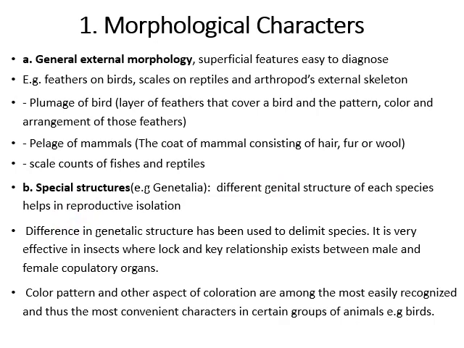If we talk about the difference in genital structure that has been used to delimit species, it is very effective in insects, where a lock and key relationship exists between the male and female copulatory organs.